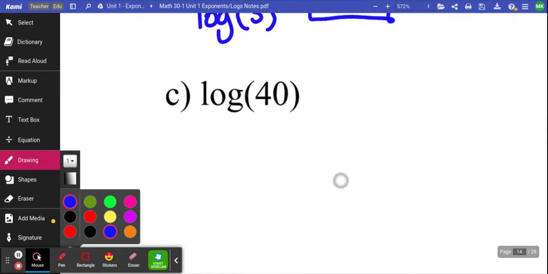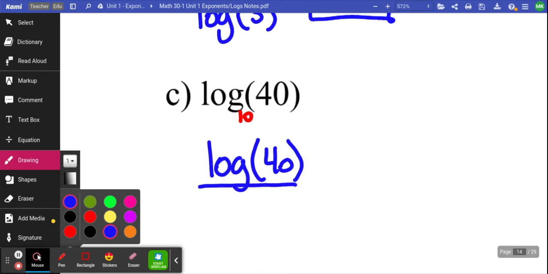This one down here doesn't have a base. So if there is no base, no little number, what number is there? It's an invisible 10. You could change the base. It'd be a little ridiculous, but you could. So to change the base it would go log 40 divided by log 10.